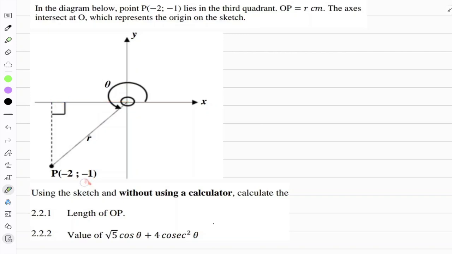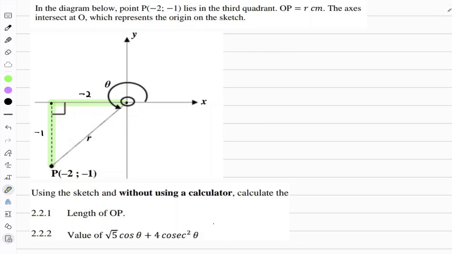And the y-coordinate -1 indicates that point P is 1 unit away from the origin on the negative y-axis. So we can label those distances, and we also need to bear in mind that the given triangle is a right triangle, so we can use Pythagoras' theorem.